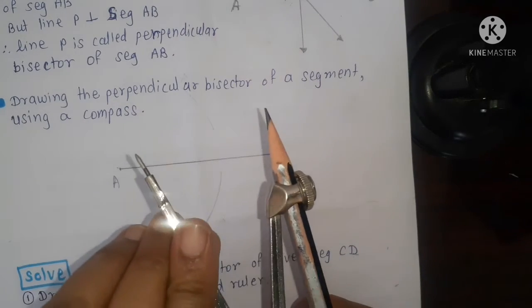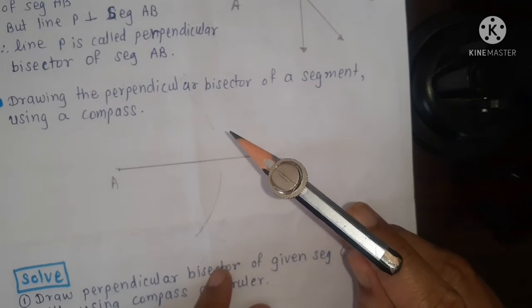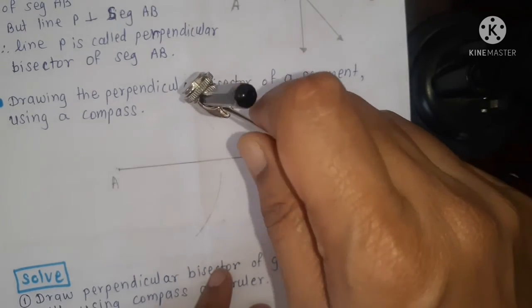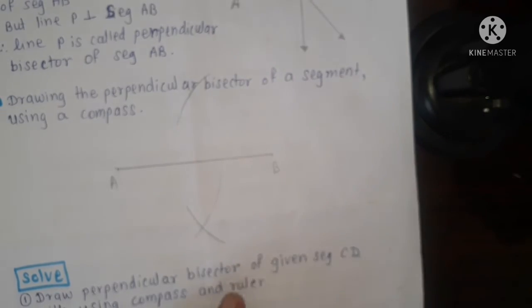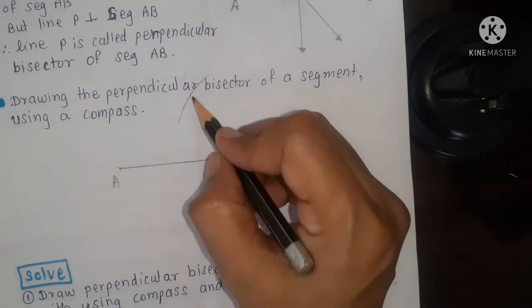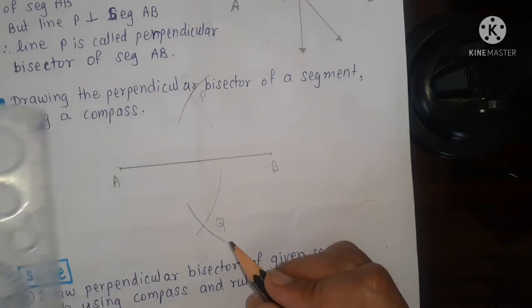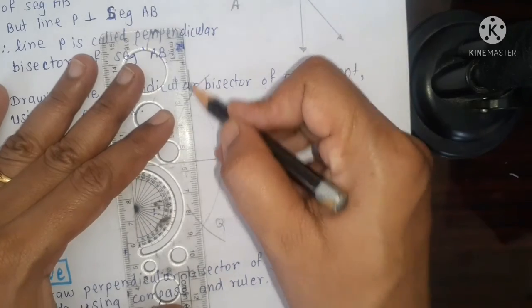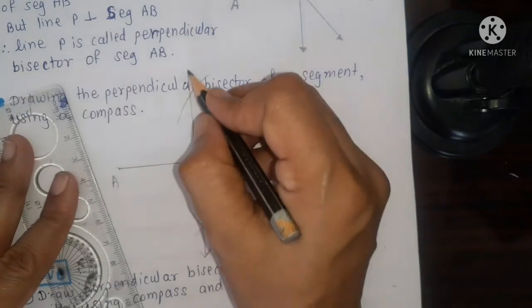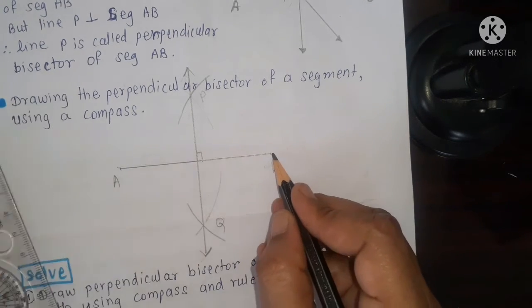Keep the distance constant. Place the metal point of the compass on point B and draw an arc which can intersect the previous arc. We get point P and point Q. Draw a line passing through point P and point Q. We get the perpendicular bisector of segment AB.